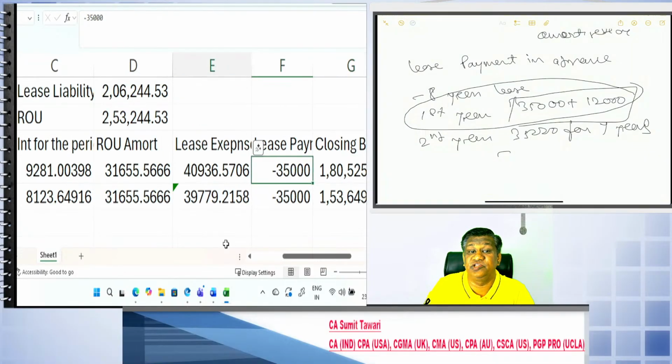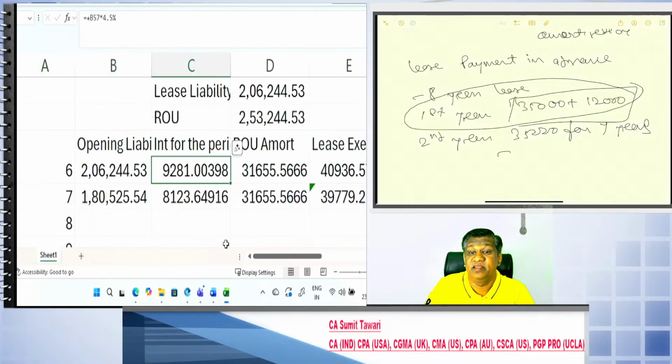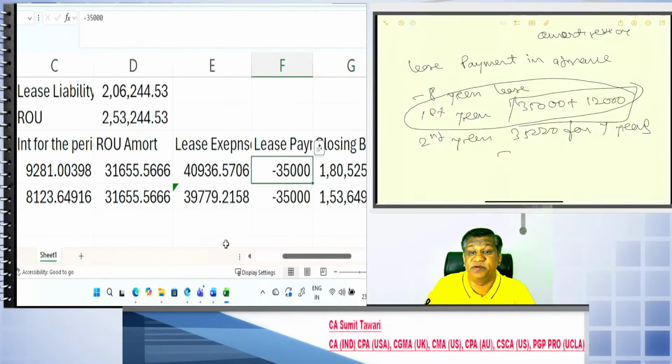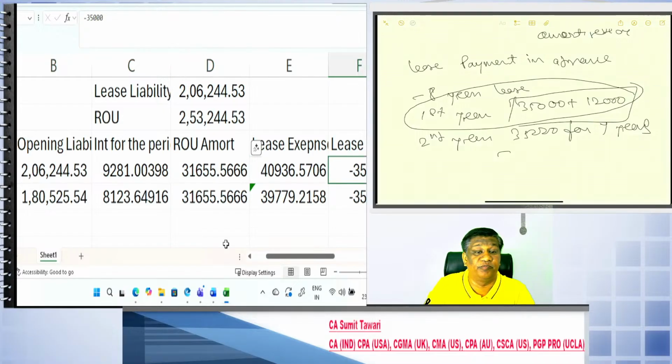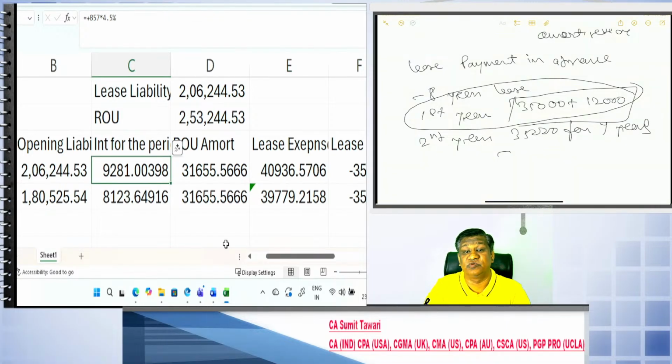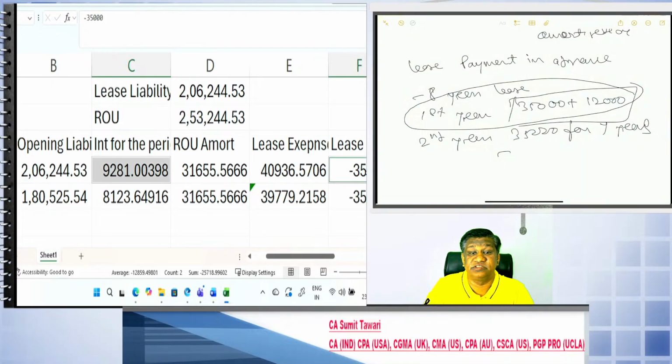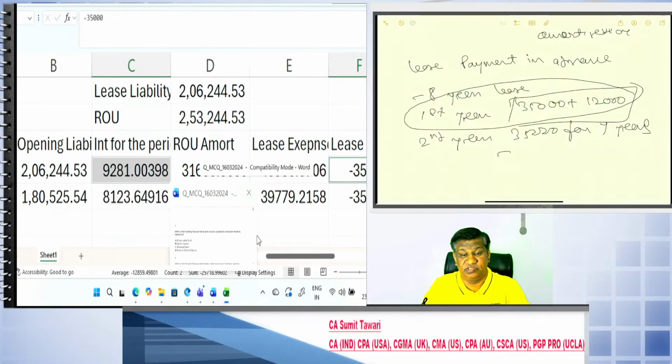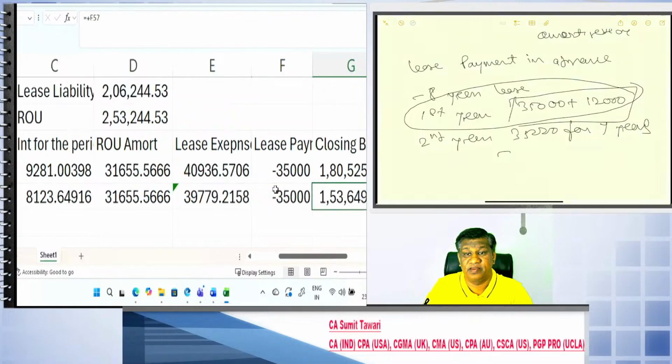I need to reduce the lease payment from the opening lease liability, minus the interest, because in this 35,000, 9281 is interest. So the remaining amount, 35,000 minus 9281, is my repayment towards the lease liability. So I need to reduce 25,718.